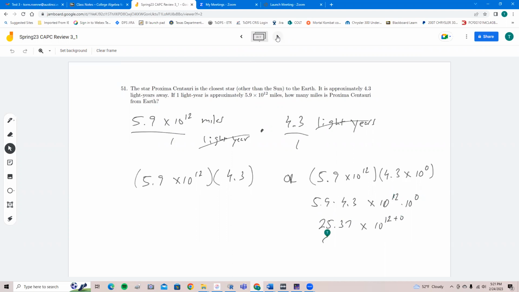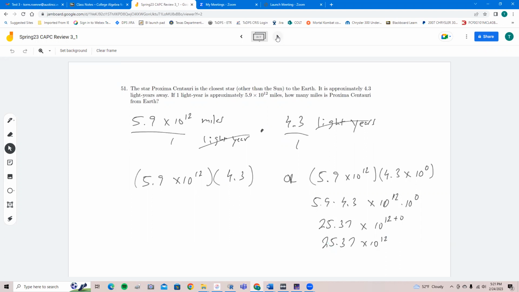All right, so I have 25.37 times 10 to the 12th. However, this is not scientific notation. It doesn't specify that we need to write it in scientific notation, mind you, but let's do that anyway for practice. This needs to be moved one decimal place over so that we have the decimal between the first two digits, like 1, right?